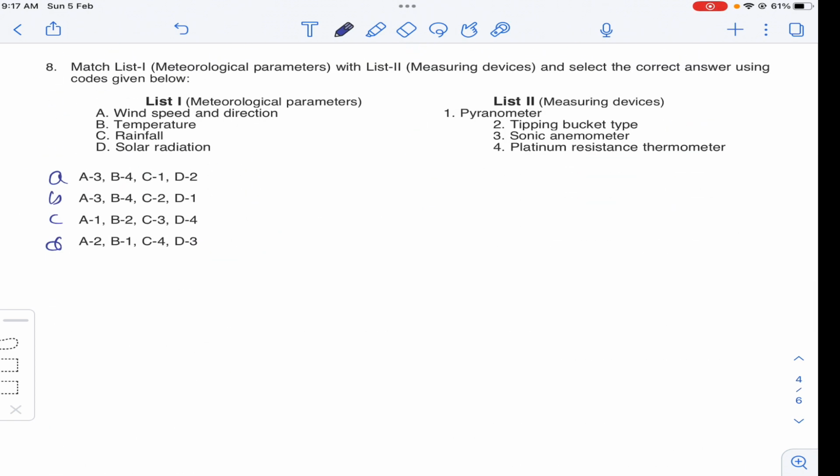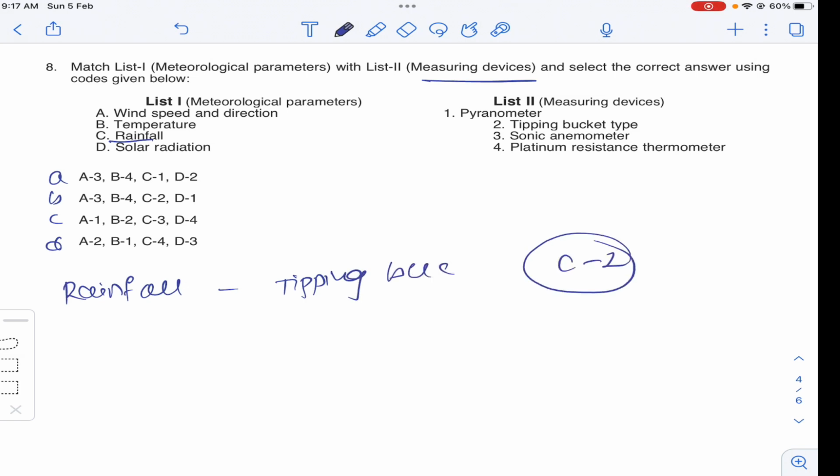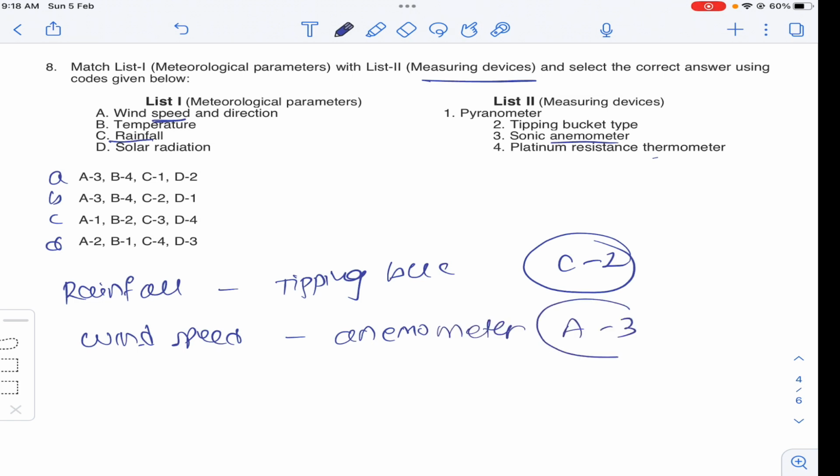Coming to question number 8. So meteorological parameters and measuring devices are given. Generally we know rainfall is measured with a tipping bucket. So it is C2. And wind speed is measured with an anemometer. So it is sonic anemometer, A, it is 3.